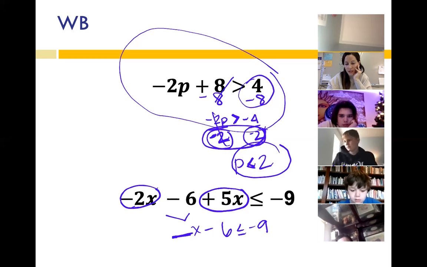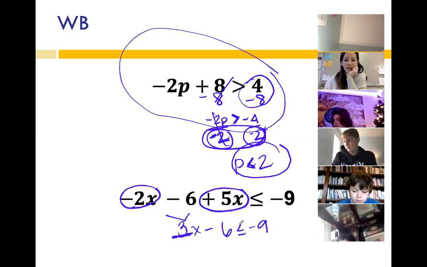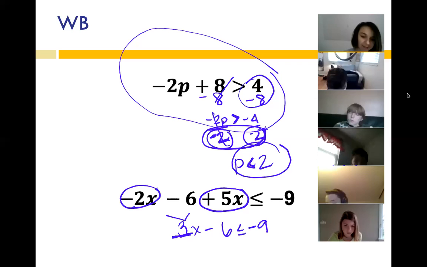Wouldn't that be like 3x? Yep, because 3x. So you would get 3x minus 6 is less than or equal to negative 9. What would I do after that? What would be my next step?